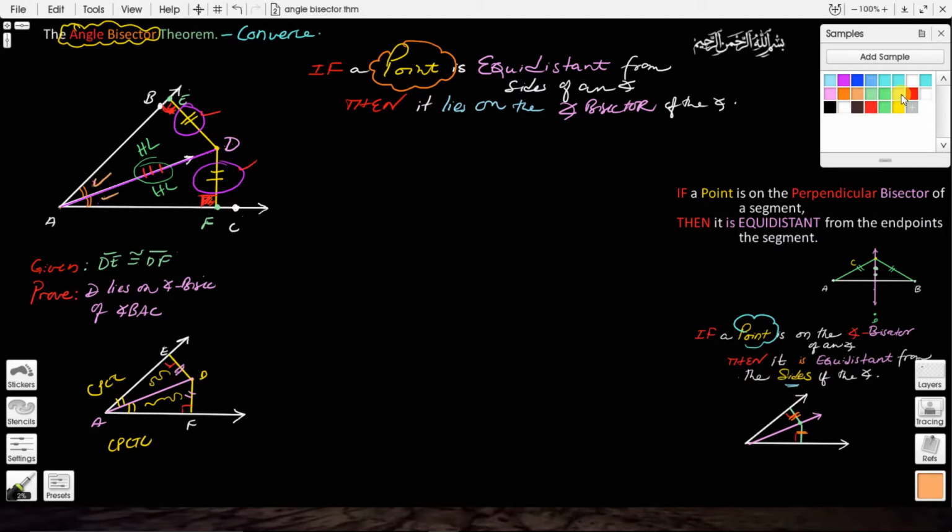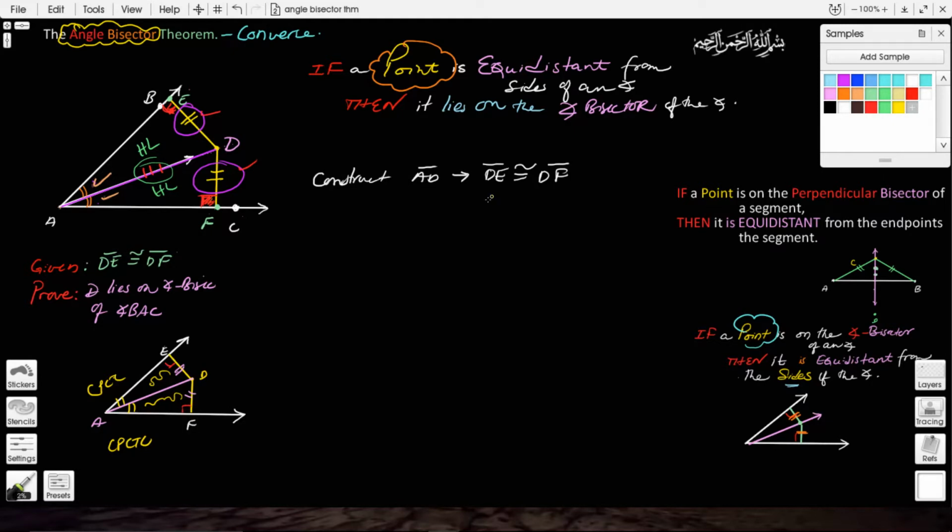So here's the outline of the proof. We construct segment AD, and after we construct AD, we can state that DE is congruent to DF, and this is the given information.